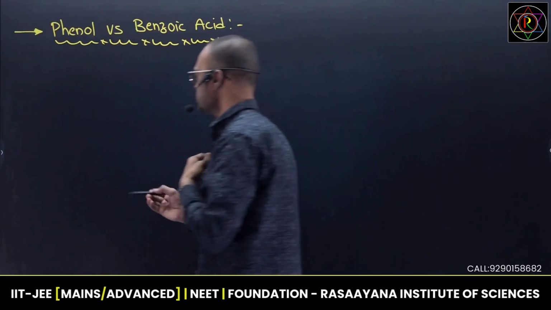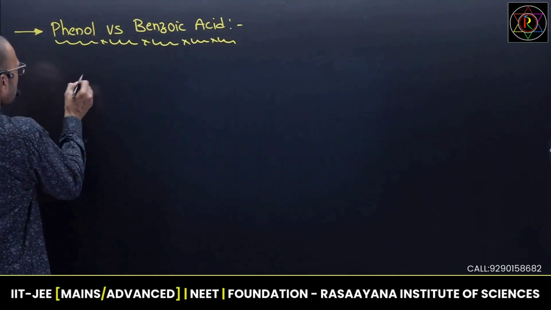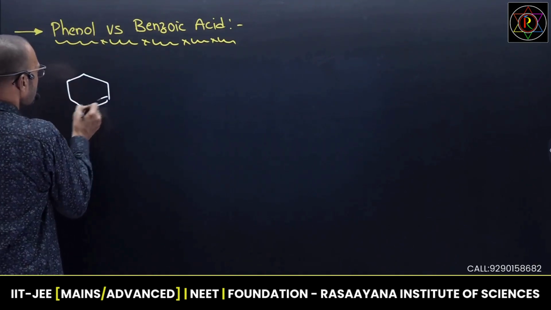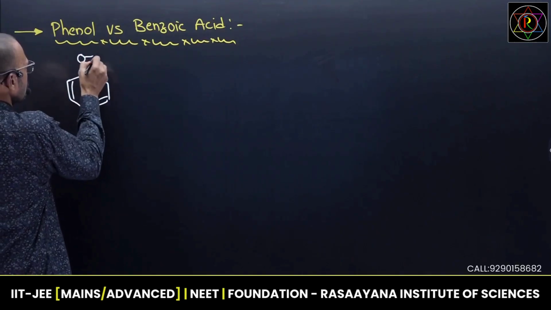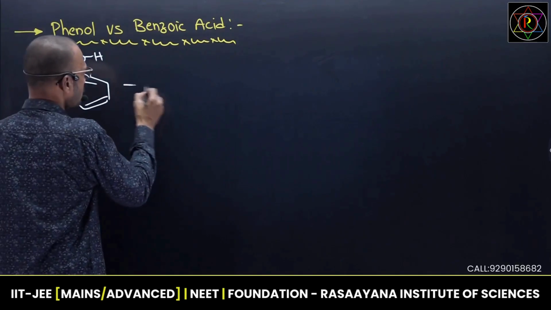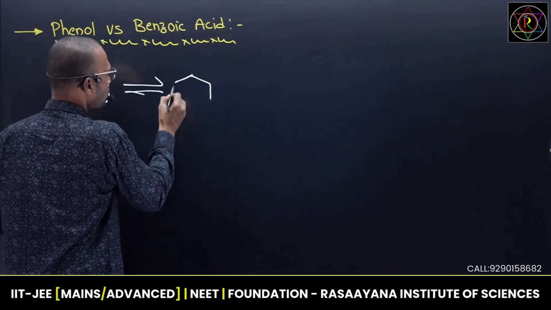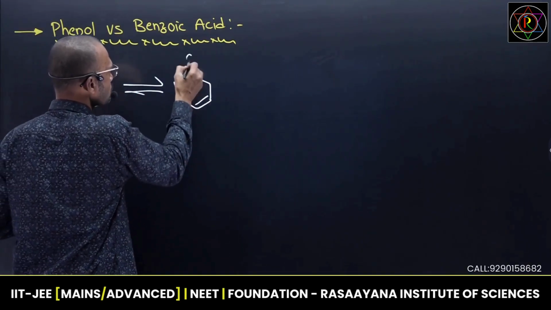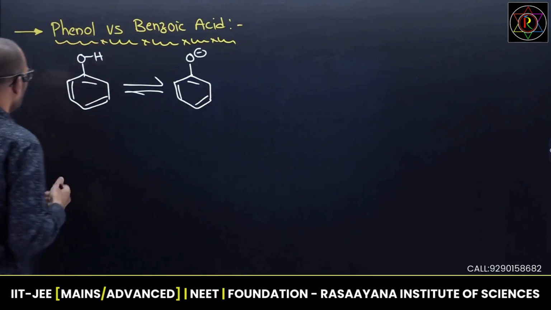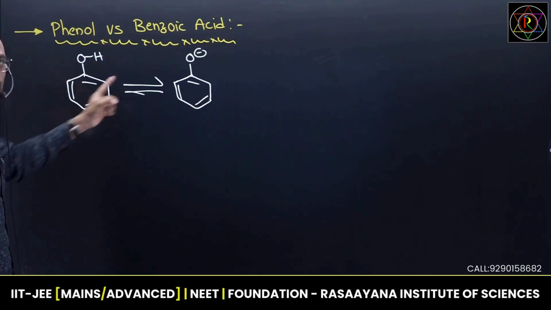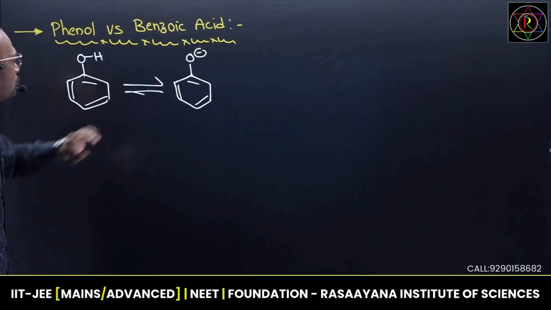Okay, now see this. Phenol is generally represented like this. They are also called aromatic alcohols. Already I explained, after losing a proton, there is a formation of a phenoxide ion. Phenol and phenoxide ion.